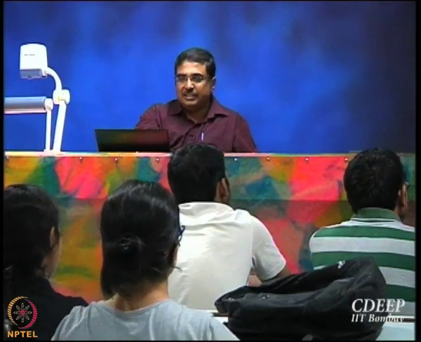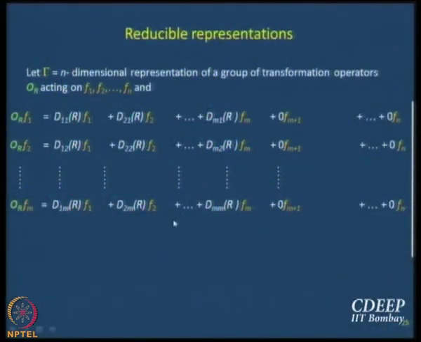You can work it out: X dash equals cos theta times X, plus or minus sin theta times Y, then plus 0 into Z. Similarly, for Y you add something into X plus something into Y plus 0 into Z. So, this is just a general depiction of a similar situation.